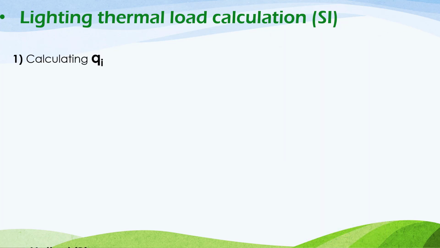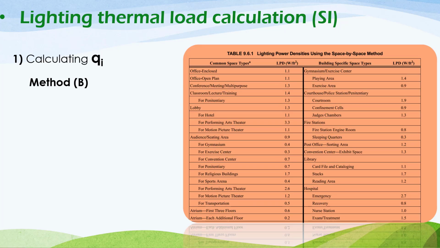Also, we have a second method which we can use in case we have no data about the lamps used in the building, and this is a more practical case because in many cases we are designing the HVAC system for a new building which is under construction. So at this time there is no lamp design in the building, and for this reason we use a standard table which tells us the amount of power that each type of place needs in watt per square foot.